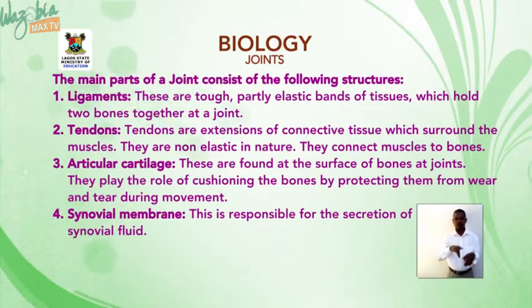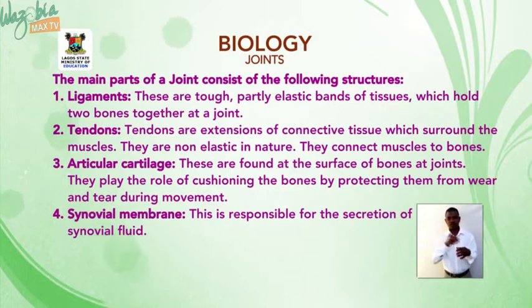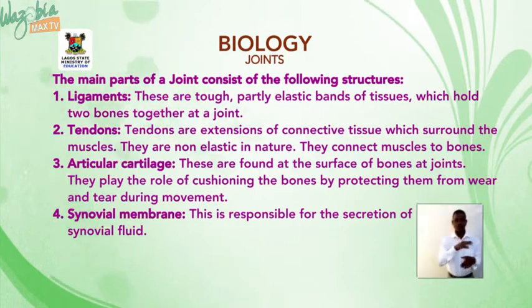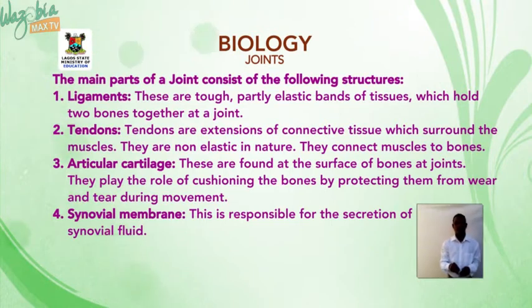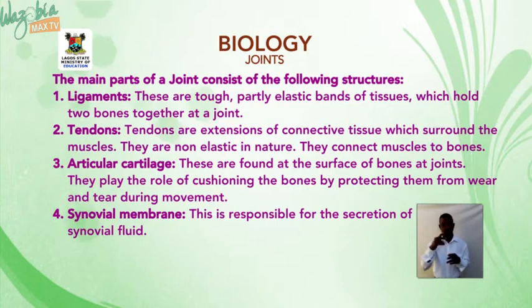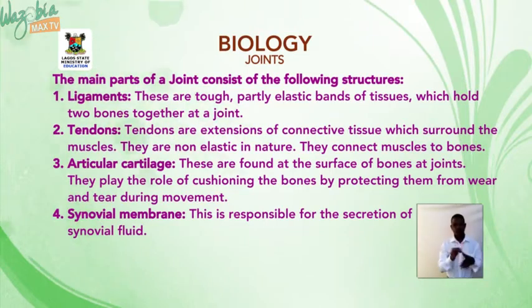Articular cartilage. These are found at the surface of bones at joints. They play the role of cushioning the bones by protecting them from wear and tear during movement. Synovial membrane. This is responsible for the secretion of synovial fluid.